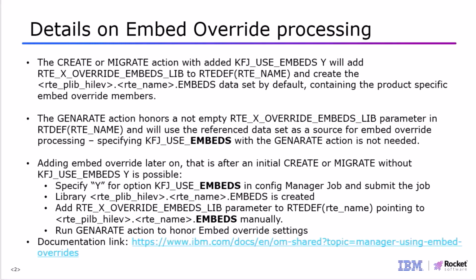You then need to go to your rtedef_rtename member and add the parameter RTEX_OVERRIDE_EMBEDS_LIB manually and point it to the generated embeds member. After that, you can run the generate action to honor the embed override settings.